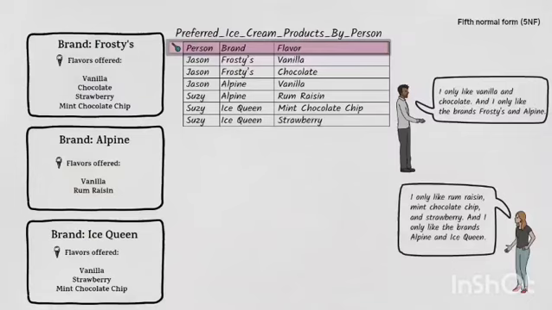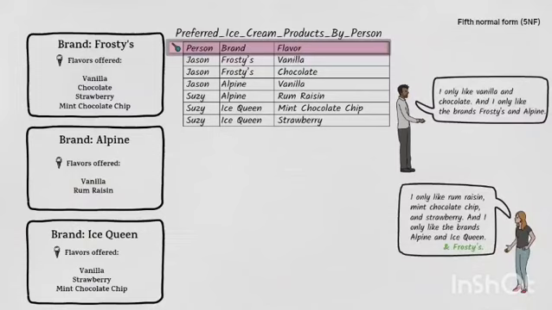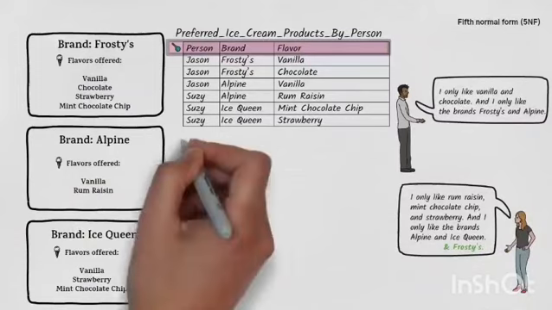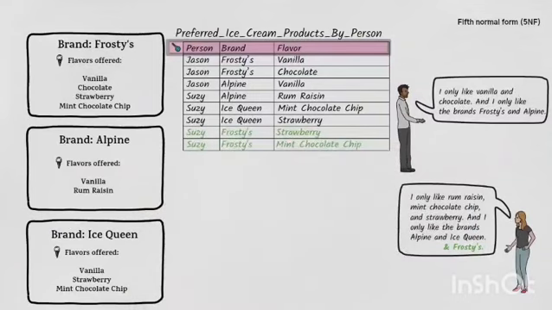But time passes, tastes change, and at some point, Susie announces that she now likes Frosties brand ice cream too. So we need to update our table. It won't come as any surprise that we might get this update wrong.